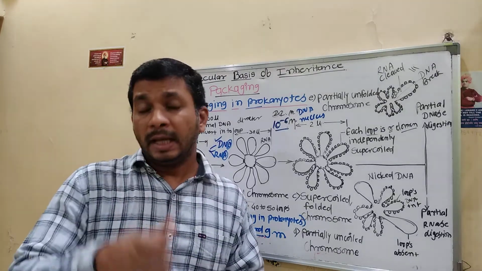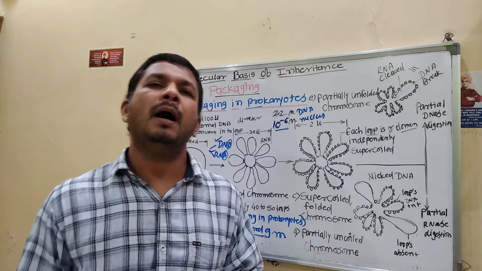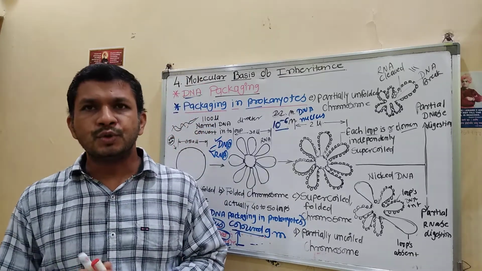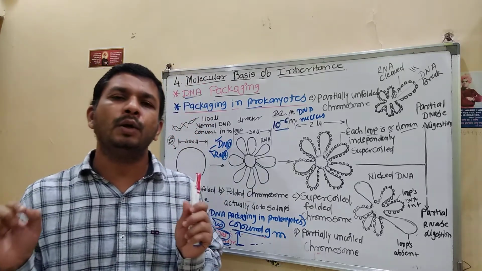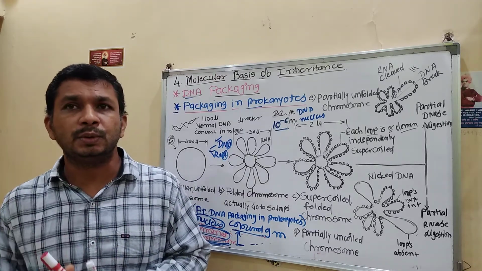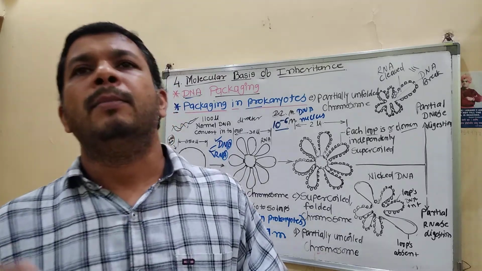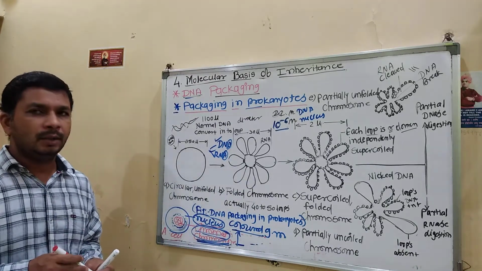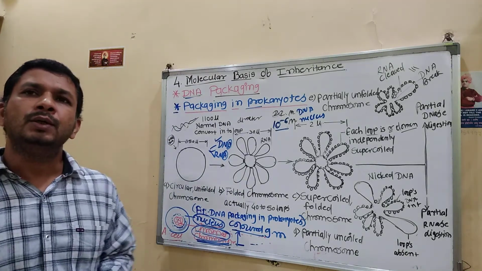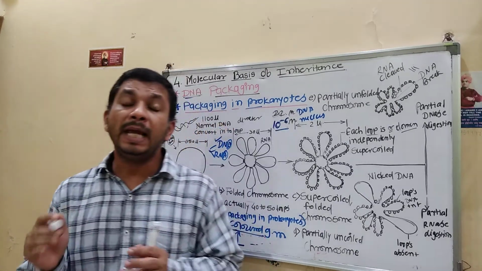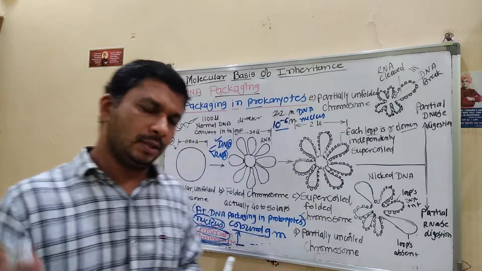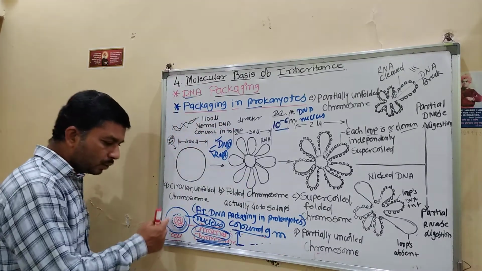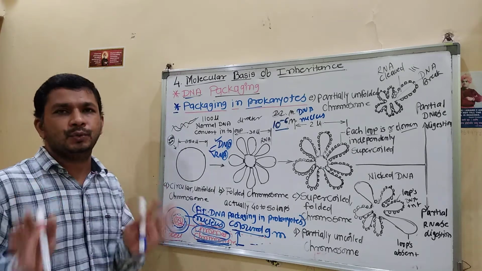Then bacterial cells are almost 2 to 3 micron or micrometer long. Then they don't have a well organized nucleus. I already told you they don't have a well organized nucleus.